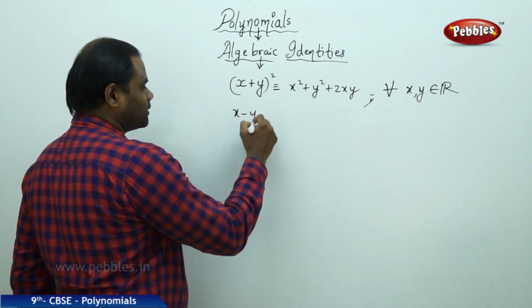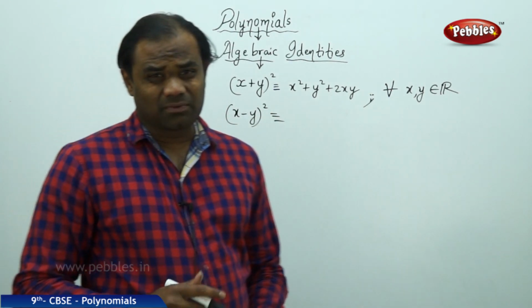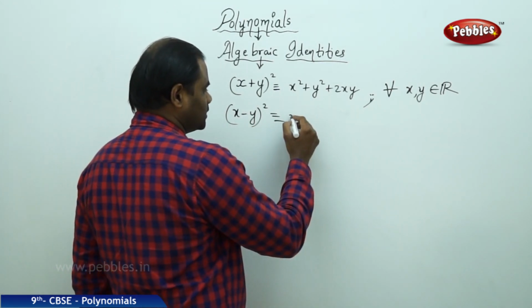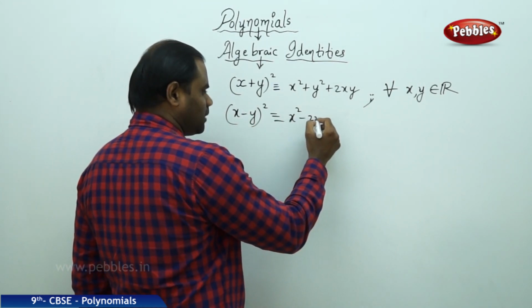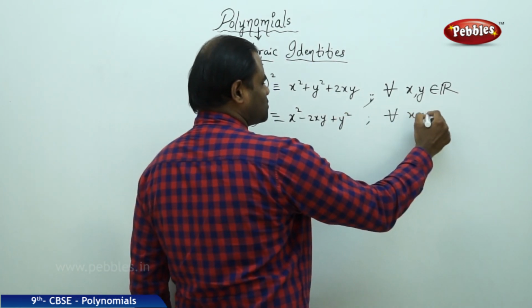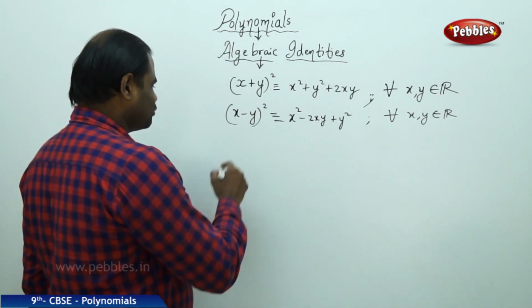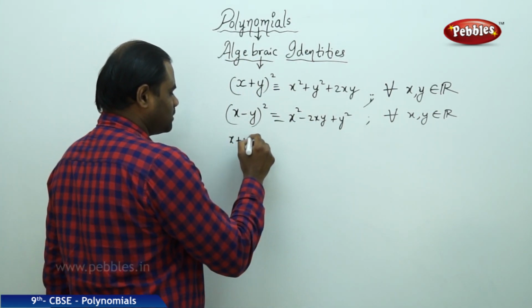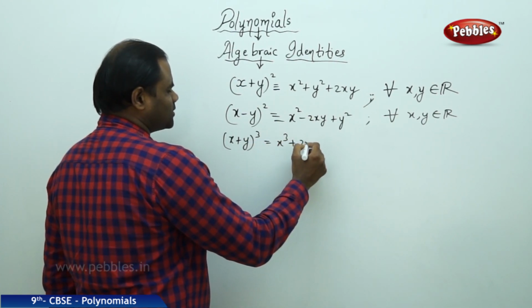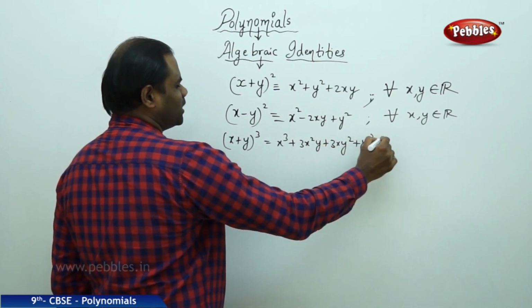Similarly, I have the other identity which says that when I have x minus y whole square, it can be universally identical to x square minus 2xy plus y square for all x, y belonging to the real numbers. Similarly, x plus y whole cube is x cube plus 3x square y plus 3xy square plus y cube.